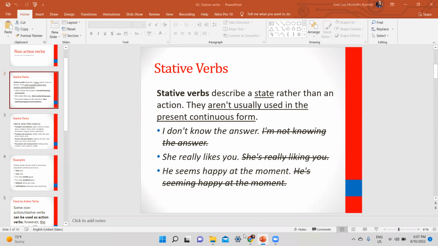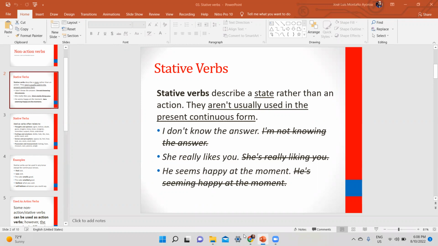It's not the same with action verbs, because with action verbs you have a clear action, perhaps something that you can see or hear, something easy to perceive.